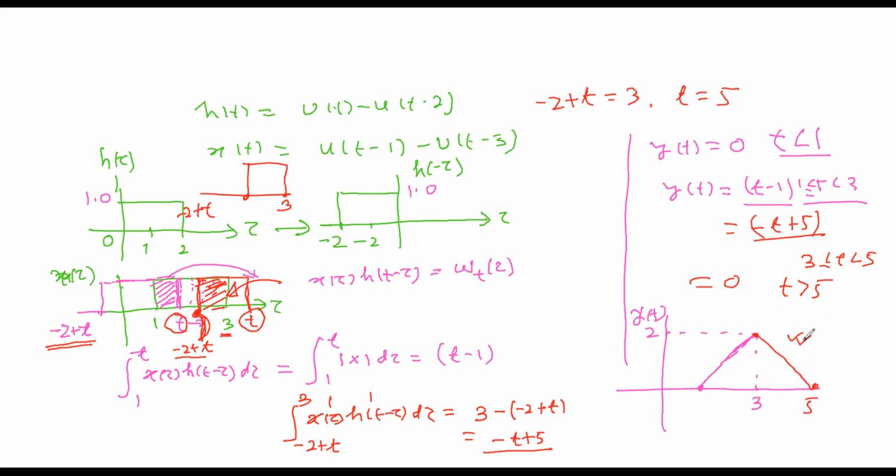Now, we can extend this problem in this way. Consider that we are increasing the duration of our signal. What will happen? Let us consider that our impulse response is the same, but our signal is now this.